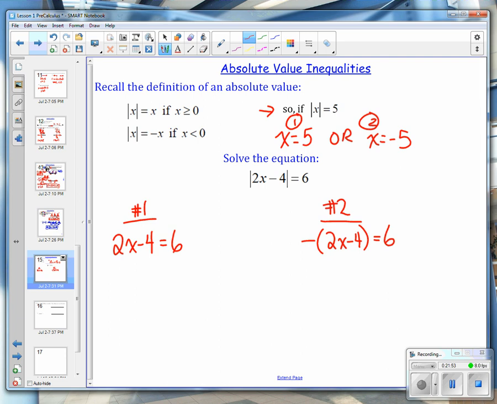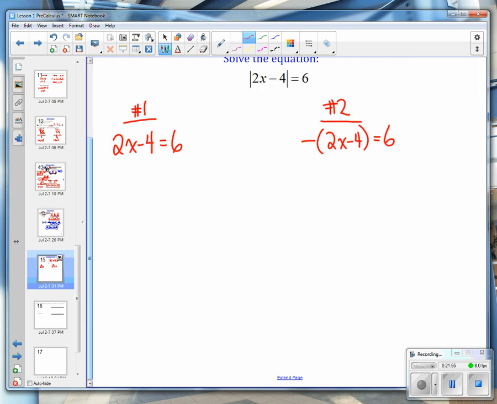Those could be our two possibilities. And what we actually have to do is solve each of them. So let's go ahead and do that. Again, it's pretty basic math. Just going to add 4 to both sides, divide by 2, so we get x is equal to 5. And then in this one, we've obviously got negative 2x plus 4 is equal to 6.